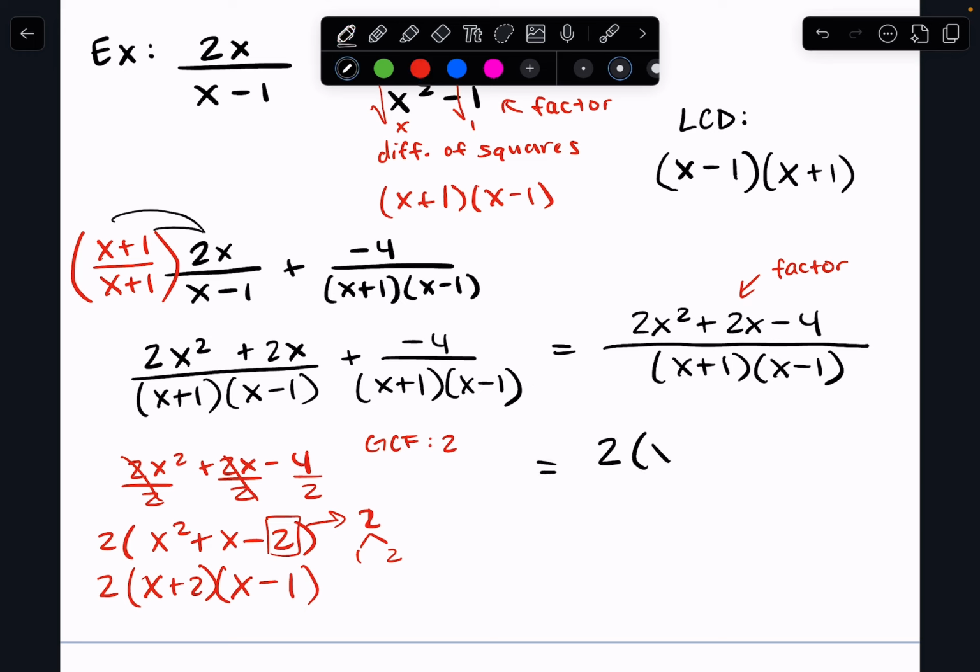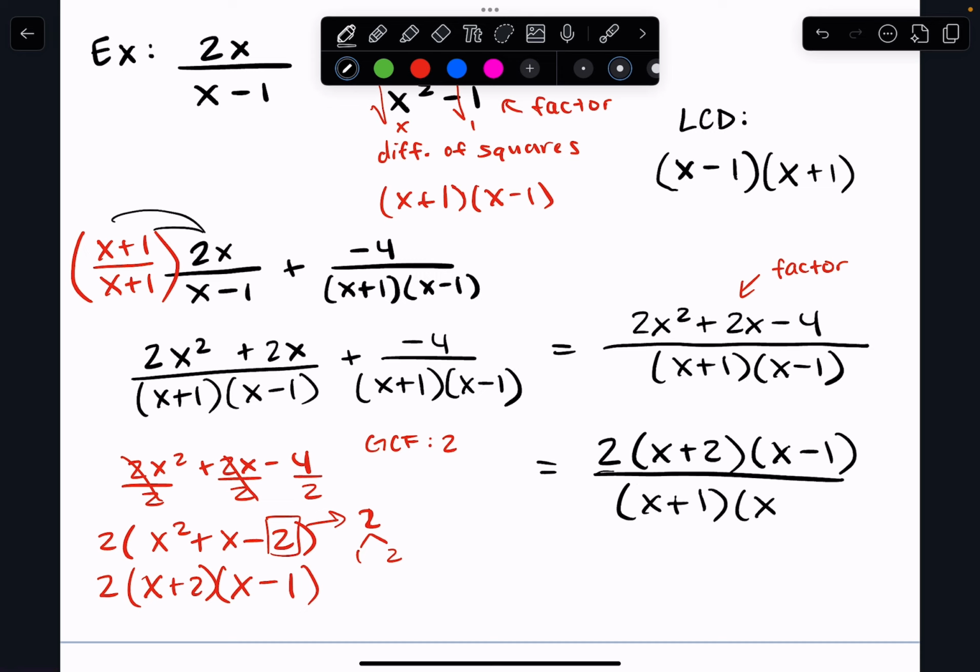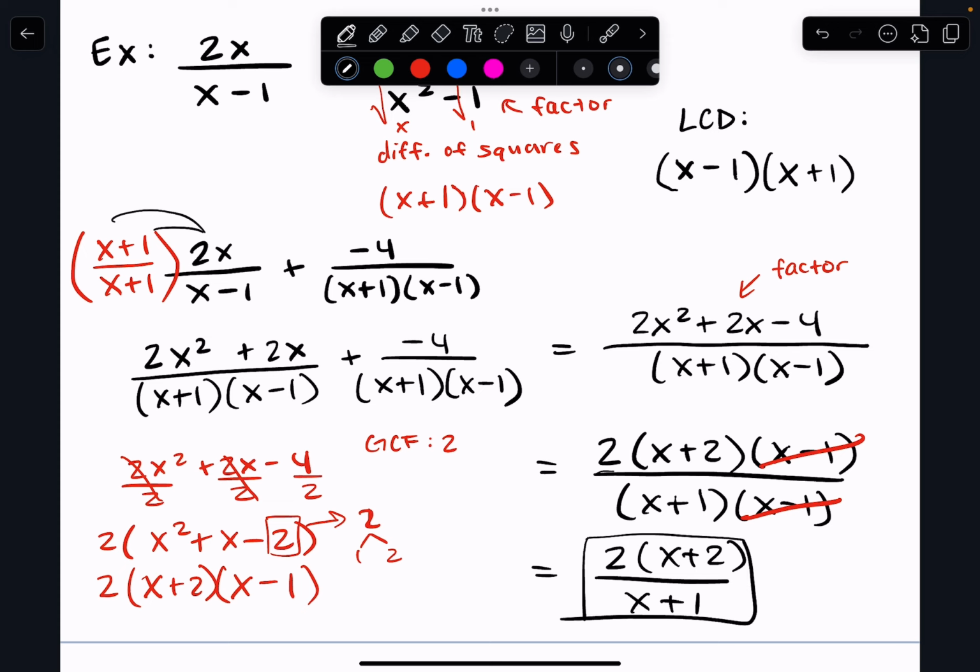So you have 2 times x plus 2 times x minus 1 over x plus 1, x minus 1. All right, and then from here we can see we can cancel out those x minus 1s. So you're left with 2 times x plus 2 over x plus 1 as the final answer.